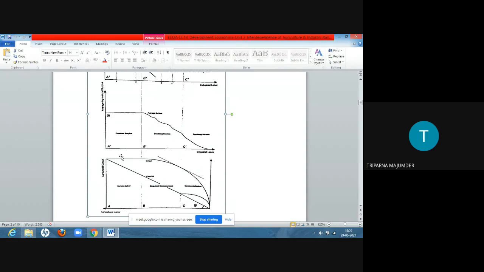So what we have noted here is that if we move labor from this surplus region, from the rural sector, an agricultural surplus is generated, and it is shown by the vertical distance between this production function and this wage line.